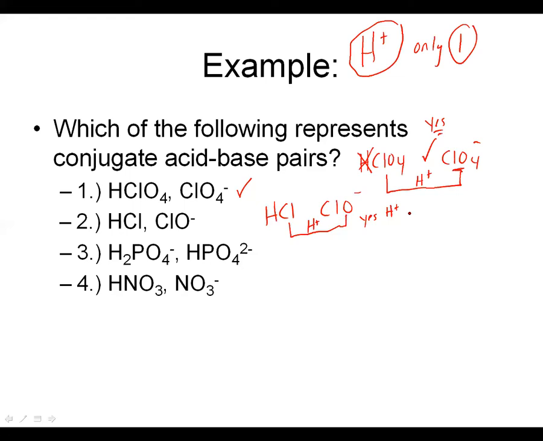The difference is an O. And remember, the only difference that there can be is just an H plus. So these two are not related to each other because one has an oxygen and the other one does not. Any questions on that one?